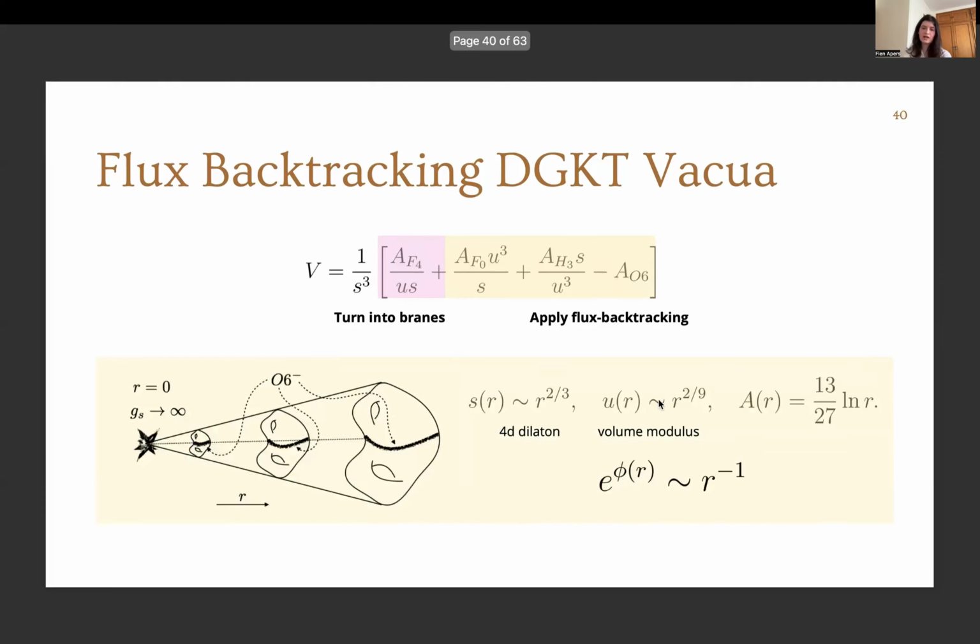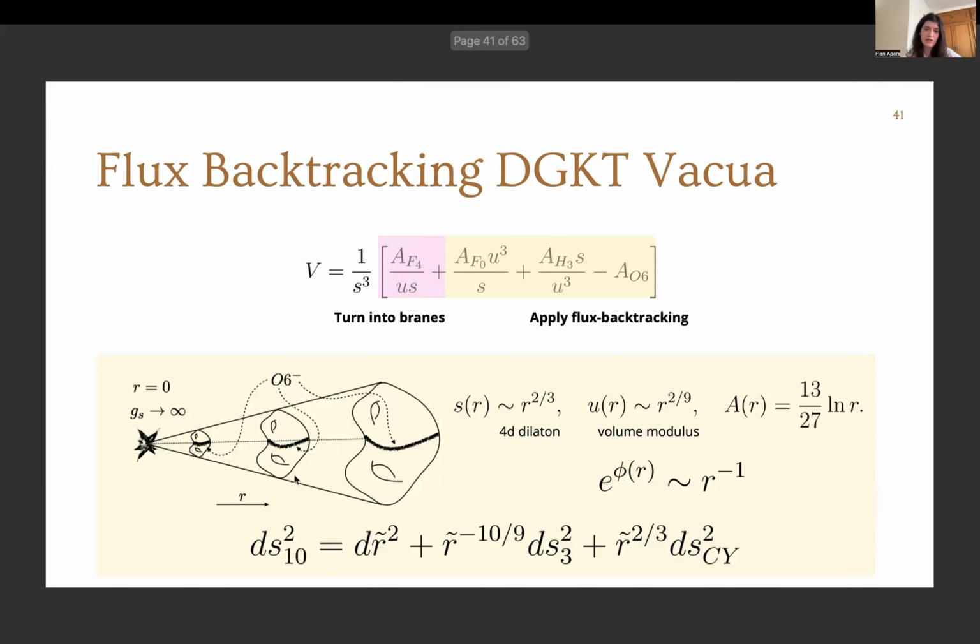So the flow we find is one where the internal manifold shrinks to 0 size. It's the same as with AdS5 at the singularity. And here also the dilaton blows up. And so we can write down the geometry in this way, again, in terms of these reparametrized radial coordinates.